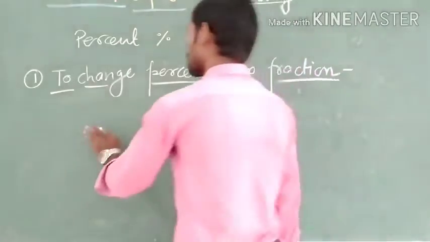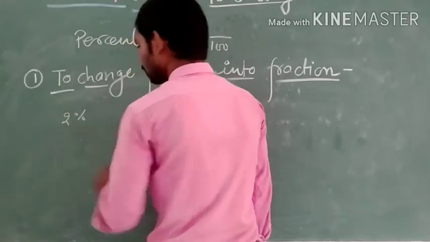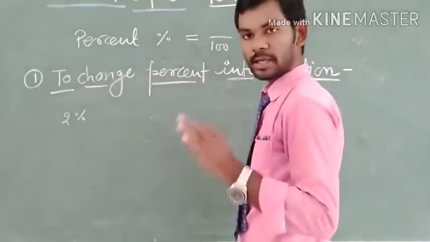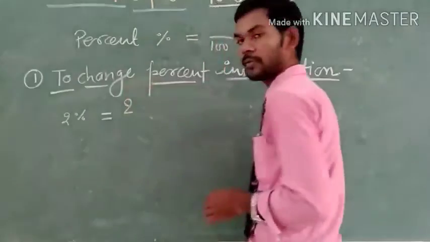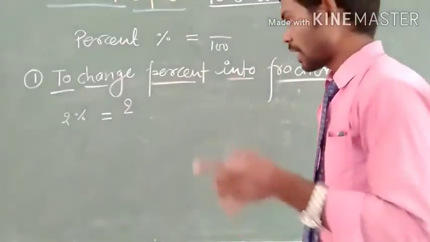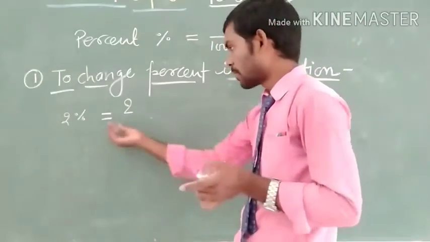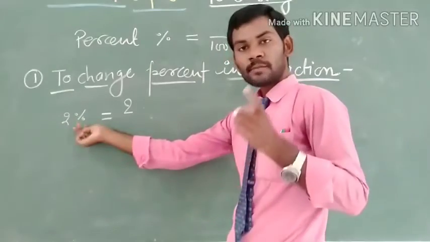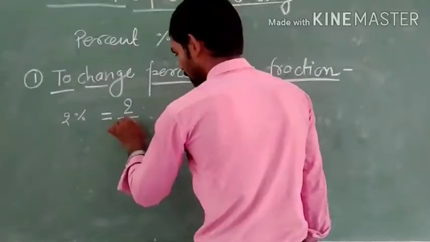For this, if I write 2%, first we write 2. And I already told you the symbol of percentage in mathematics can be written as upon 100.